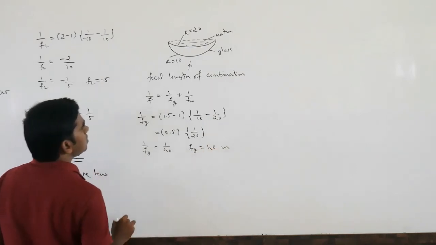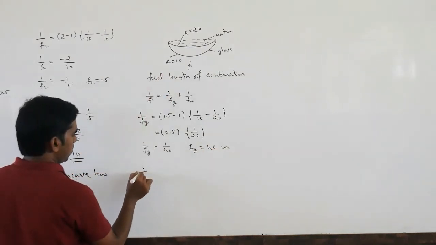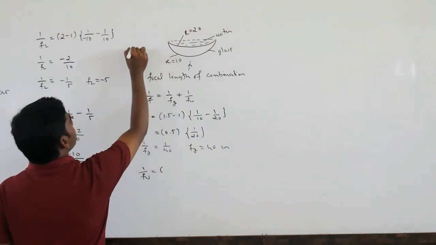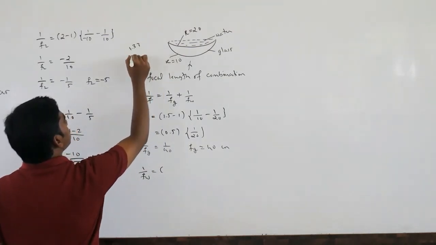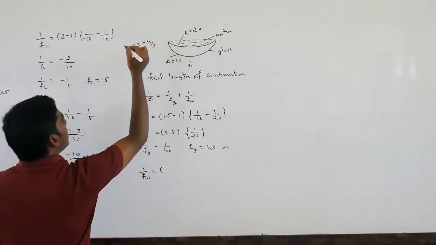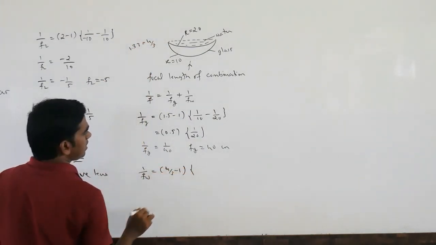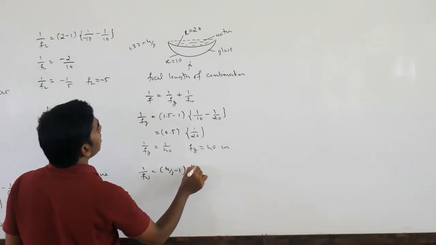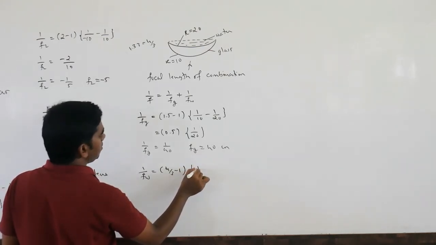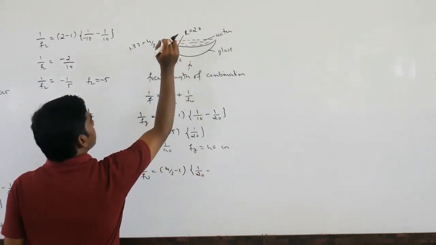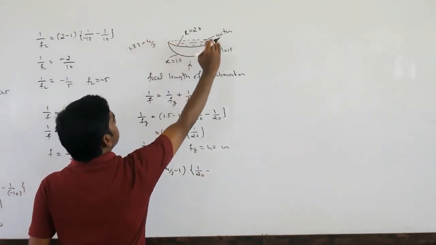Okay. So similarly for water, 1 by focal length of water equals (n minus 1), where for water the refractive index is 1.33, so you can take it as 4 by 3. So 4 by 3 minus 1 into (1 by R1, which is going to be 1 by 20, minus 1 by infinite, since it is a plane surface).